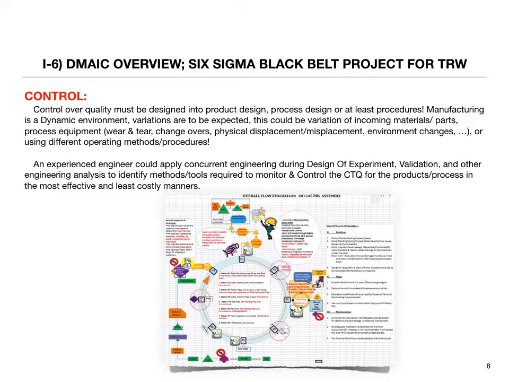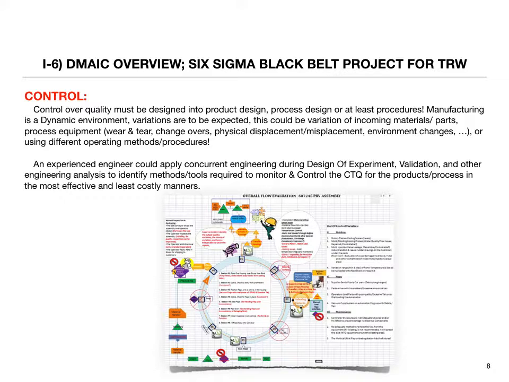DMAIC overview, Six Sigma Black Belt project control. Control over quality must be designed into product design, process design, or at least procedures. Manufacturing is a dynamic environment. Variations are to be expected. This could be a variation of incoming material part, process equipment, wear and tear, changeover, physical displacement, misplacement, environment changes, or using different operating methods and procedures.